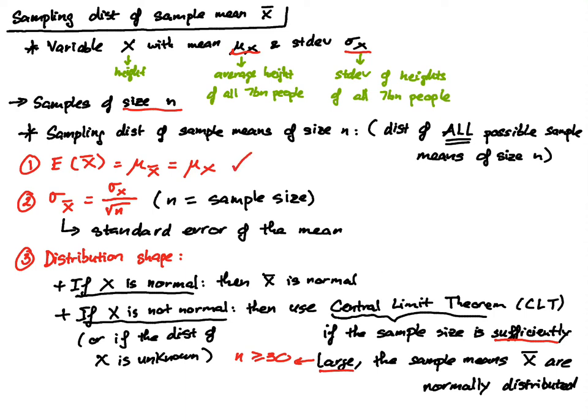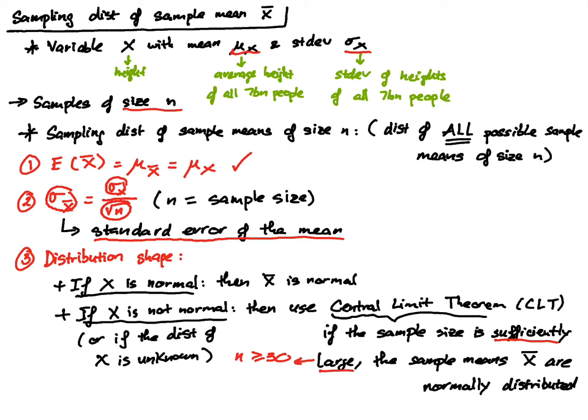It can be proven that the standard deviation of all the sample means is equal to the standard deviation of the underlying variable divided by the square root of the sample size. And the standard deviation of all the sample means is typically referred to as the standard error of the mean.